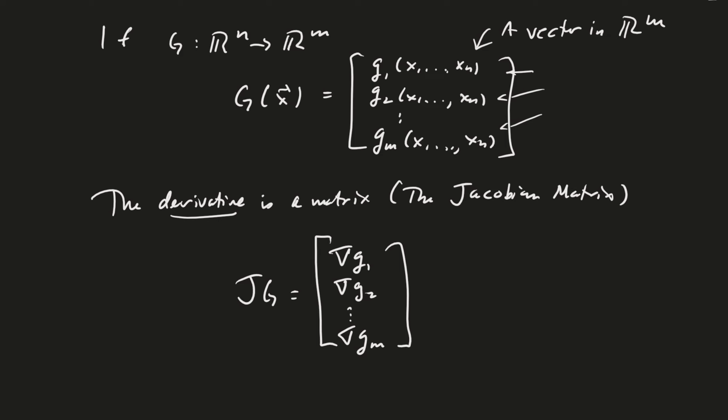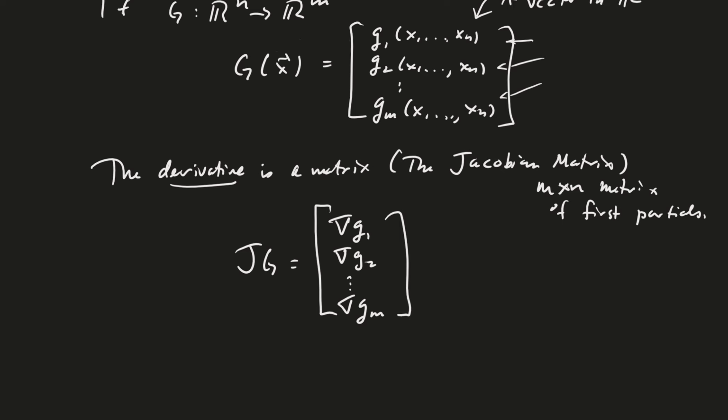M by N. Yes, so this is an M by N matrix of first partials. Good. Now, we don't typically look at the second derivative of that, but we certainly could. I think for what we're doing, we'll just keep it here.